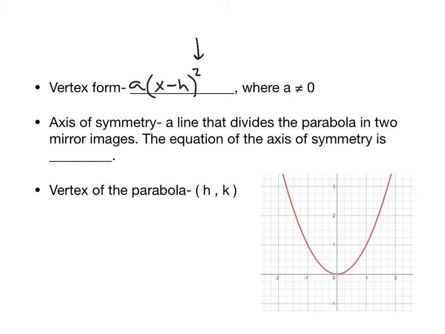So there's that squared that tells us it's going to be a parabola, plus k. So this is the vertex form.